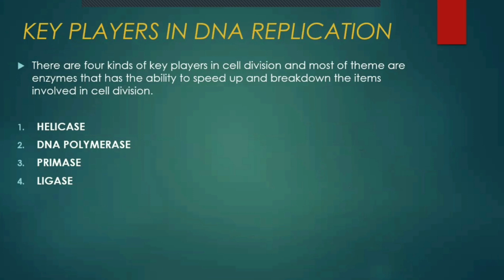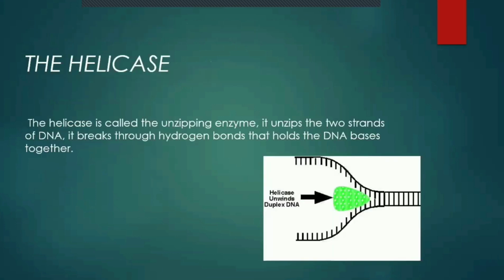There are 4 key players in cell division, and most of them are enzymes that have the ability to speed up and break down the items involved in cell division. First is the helicase. Second is the DNA polymerase. Third, primase. And the fourth, ligase. Helicase is called the unzipping enzyme. It unzips the 2 strands of DNA by breaking the hydrogen bonds that hold the DNA bases together.